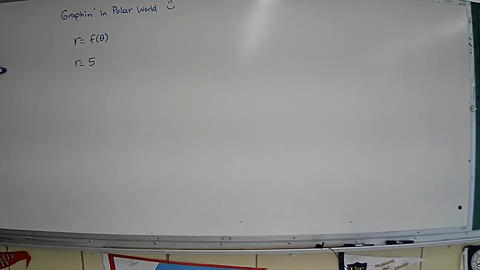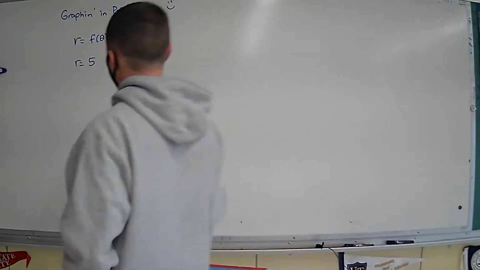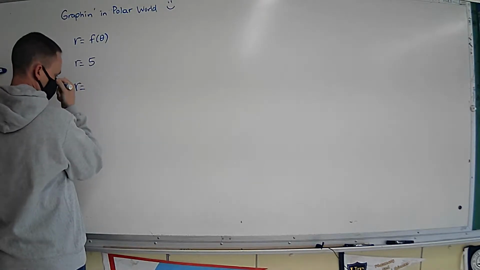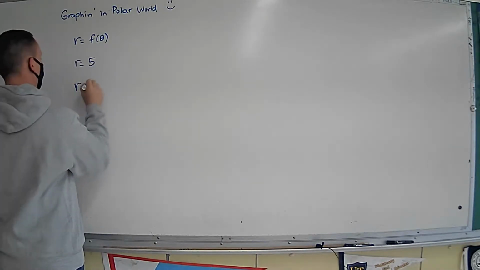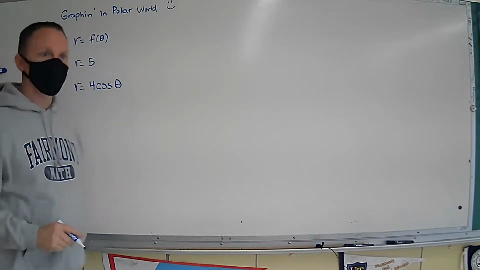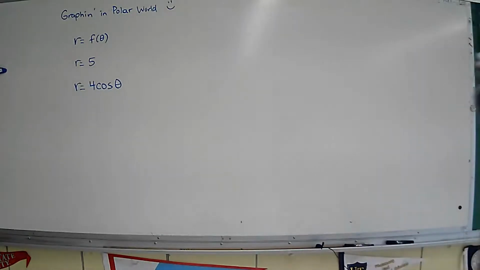All right, well, speaking of circles, let's look at another one. So how about this one? r equals 4 cosine of theta. Okay? So go ahead on your Desmos, if you have a Desmos.